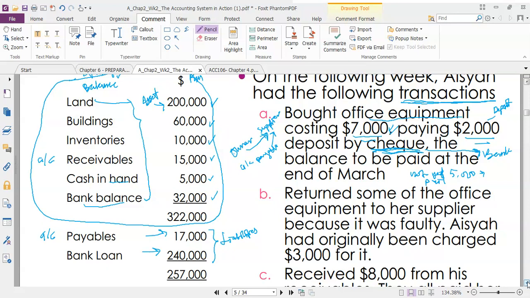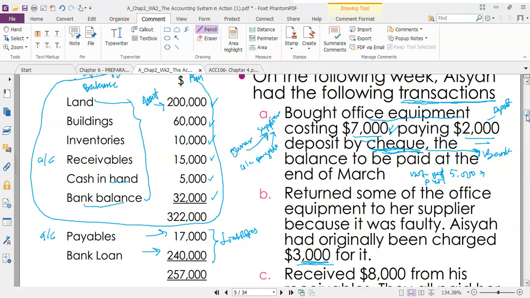So Aisyah returned some of the office equipment to the supplier, to the account payable tadi. But Aisyah ni ada berhutang lagi RM5,000, betul tak? Account payable kita ada lagi 5,000. But then, Aisyah ni dia pulangkan semula. Harga barang yang dipulangkan tu adalah RM3,000. Macam mana kita nak buat?